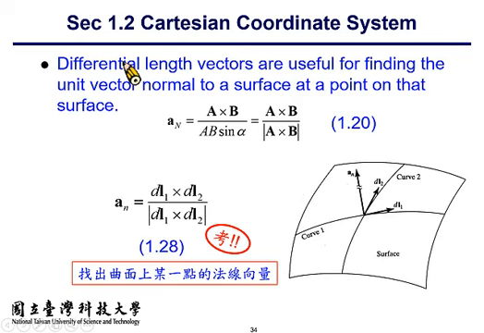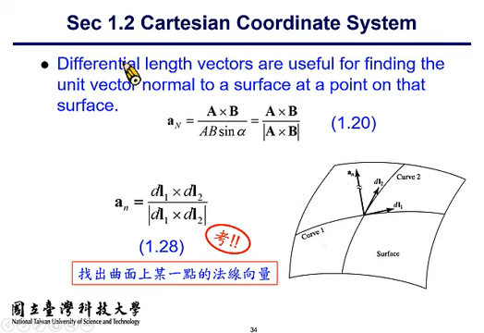So equation 1.20 shows you the definition of the normal vector, which is a unit vector pointing to the normal direction of the surface expanded by vector A and vector B. So that would be A cross B divided by the absolute value of A cross B. In other words, you can write up a more general expression for 1.28.